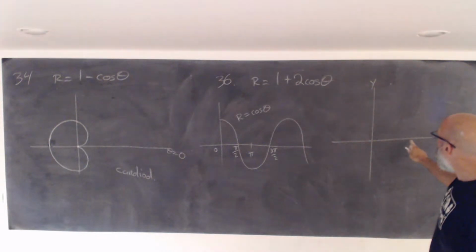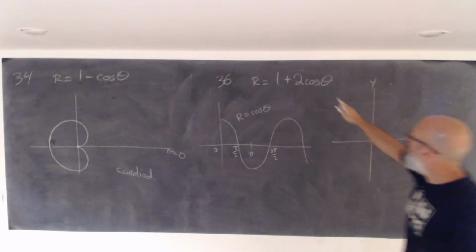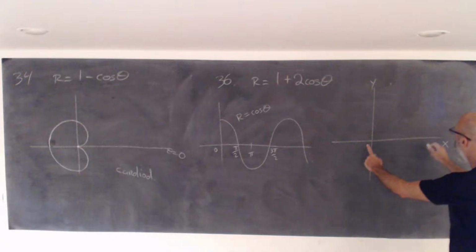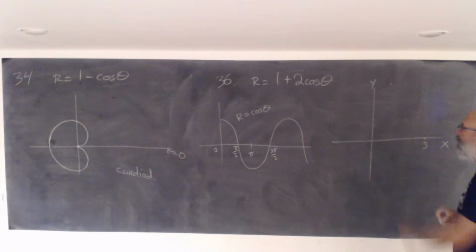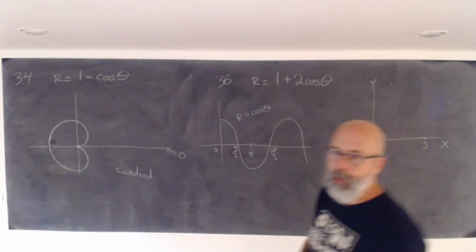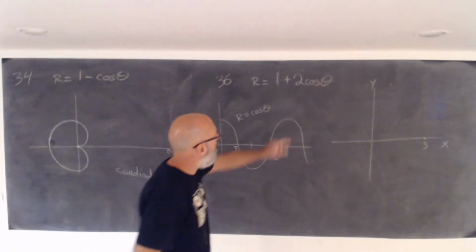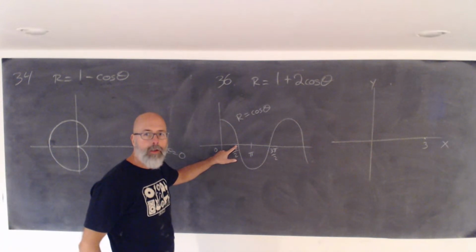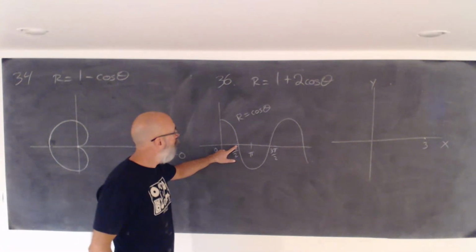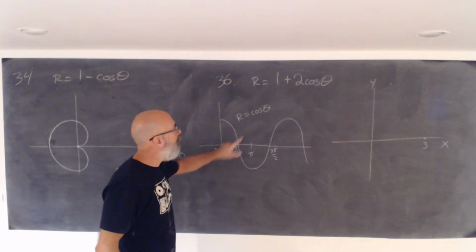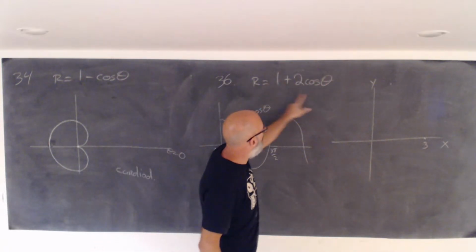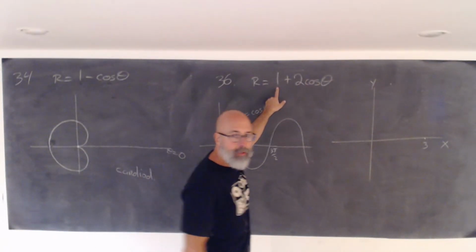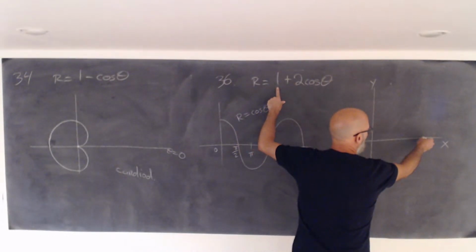When theta is 0, cosine of 0 is 1, so you're starting at a distance of 3 away from the origin. What is happening to cosine? Cosine is decreasing, right? All the way to 0 at pi over 2. So this is going to decrease all the way to 1 at pi over 2.